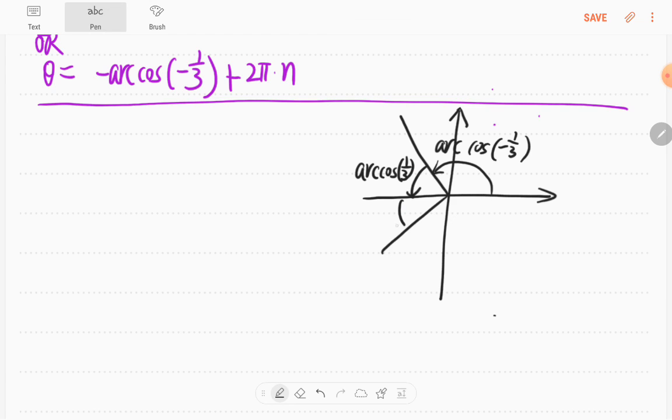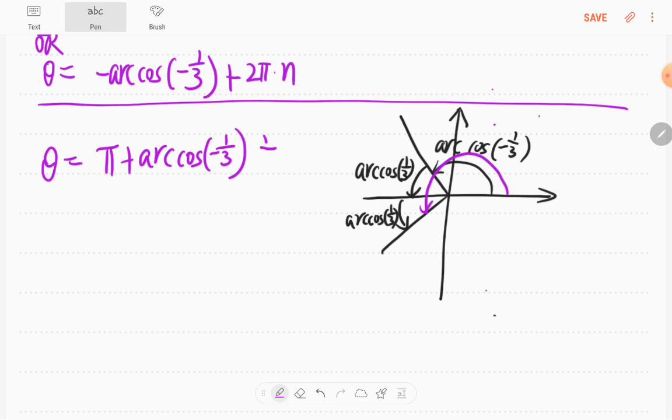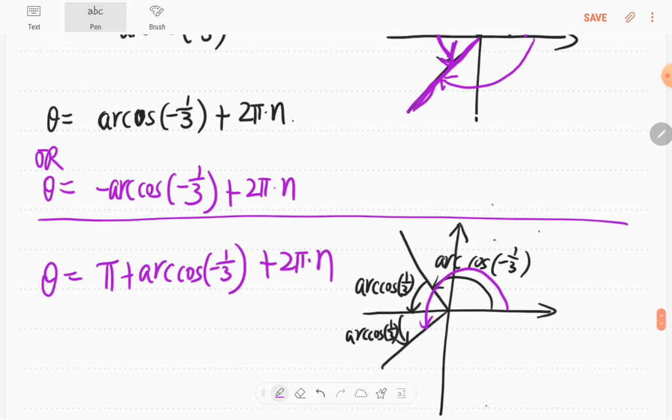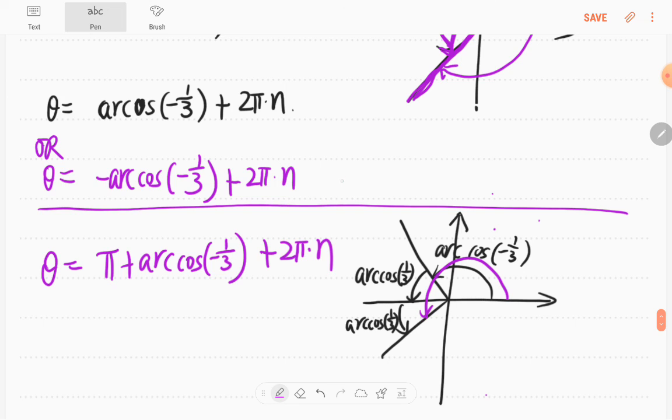So this angle is arc cosine 1/3. Our aim is to find this angle. This angle should be pi plus arc cosine 1/3, then plus 2 pi times n. Actually, these two formulas represent the same coterminal angles, although they have different representations.